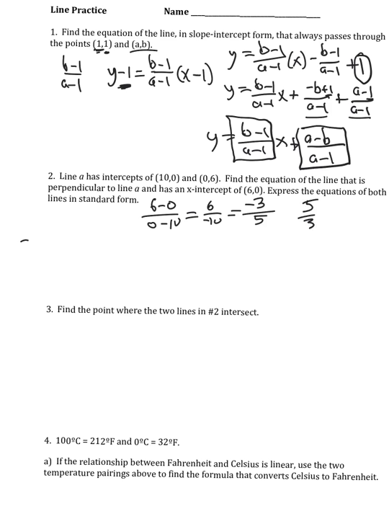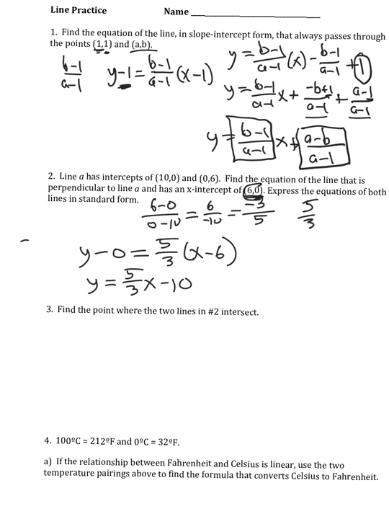So we also know that one of the points of this is (6, 0). So using our point-slope form, we get y minus our y coordinate is equal to our slope times x minus our x coordinate from the point. So we now will replace this with y is equal to 5/3 x minus 5/3 times 6, which is going to give us minus 10.